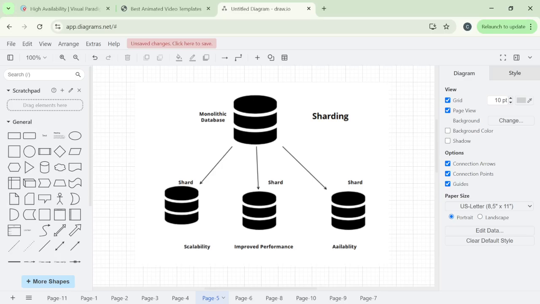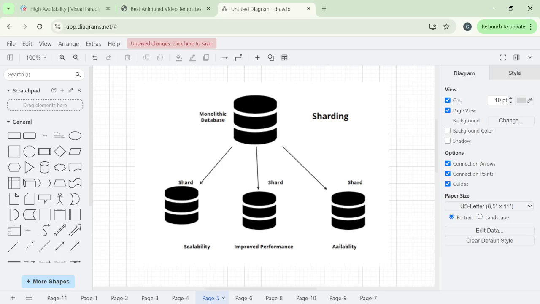This division dramatically improves performance and scalability, especially when dealing with millions or billions of records. Instead of overloading one massive database server, sharding spreads the load across multiple servers or clusters, reducing contention and making read and write operations much faster.